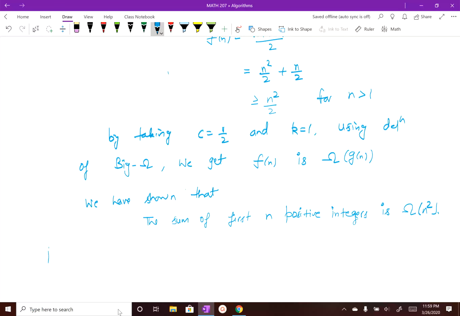Then finally, on combining first and second, we get that the sum f of n is big theta of g of n.